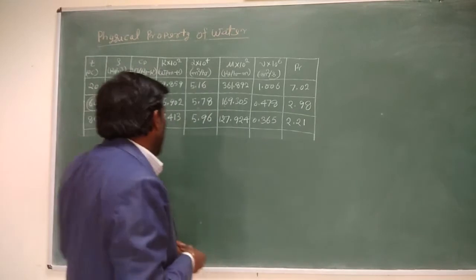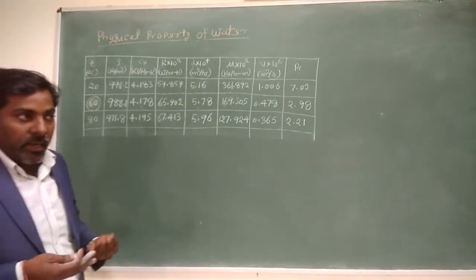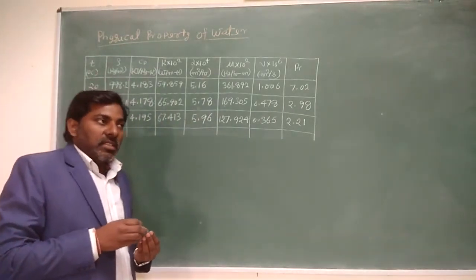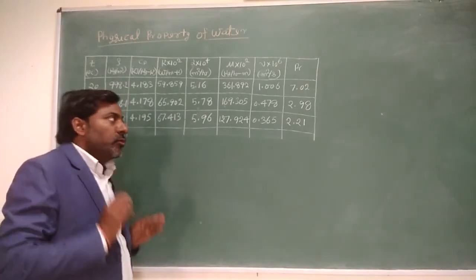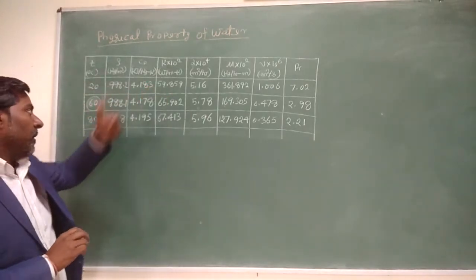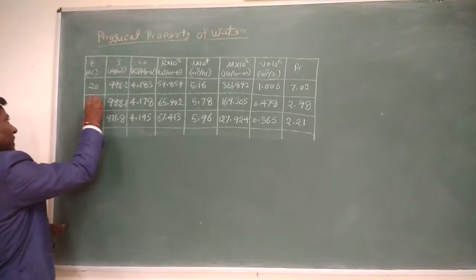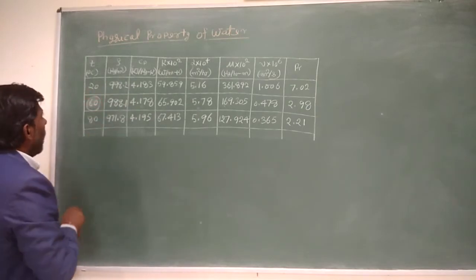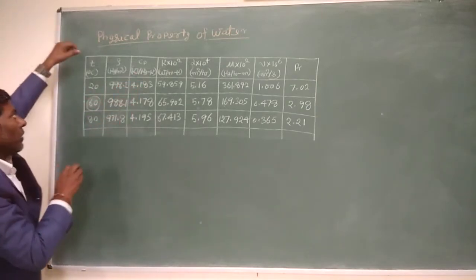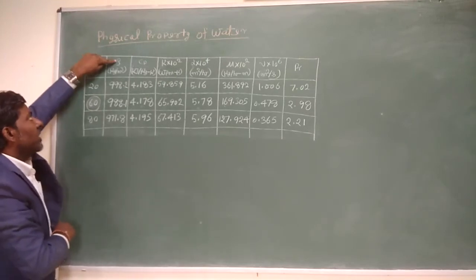So whether it is the mean film temperature or the mean bulk temperature, it is the temperature at which you are going to read the properties from the property table. Let us say the mean film temperature is 60 degrees centigrade. Then how to take the data? Learn one by one. Look at density.